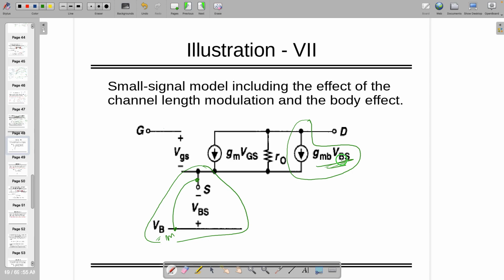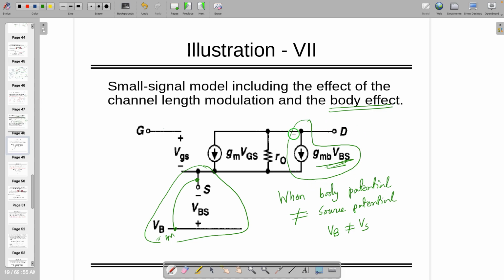So that's the body effect. When body potential is not equal to source potential, or VB is not equal to VS, then body effect will be there. Otherwise, no body effect.